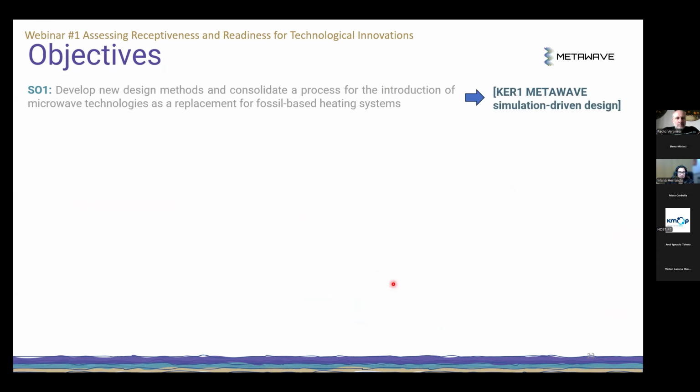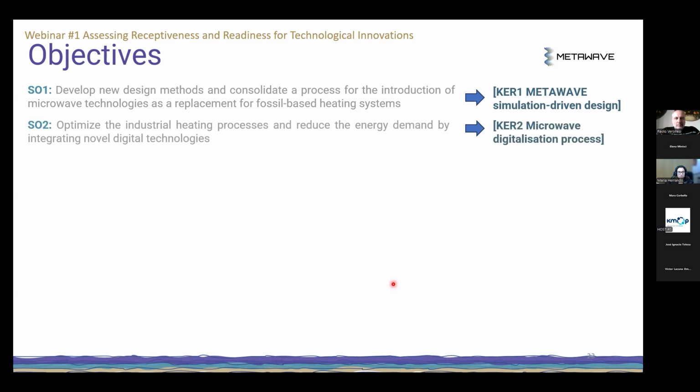So there are 6 main specific objectives. The first one is to develop new design methods and consolidate a process for the introduction of microwave technologies to replace conventional fossil-based heating systems, which will provide one of the key exploitable results, that is METAWAVE simulation-driven design. The second objective is to optimize industrial heating processes and reduce the energy demand by integrating novel digital technologies that will provide another key exploitable result, that is the microwave digitalization process.